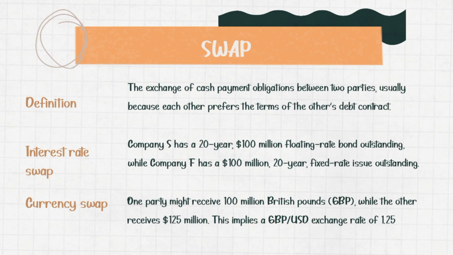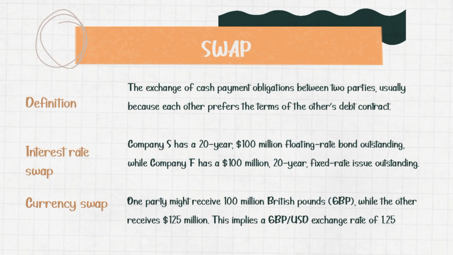So if the companies swapped their payment obligations, an interest rate swap would occur. Company S would now make fixed payments, which is consistent with its stable cash inflows, and Company F would have a floating stream, which for it is less risky.